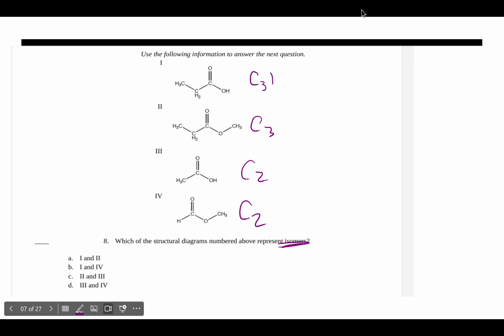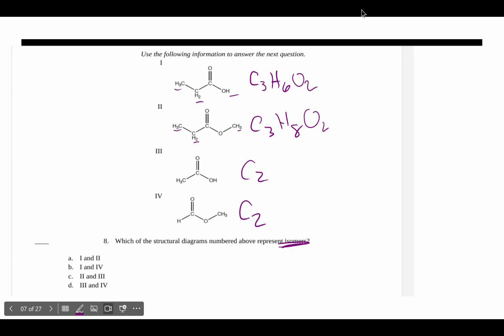Now let's move on to hydrogens. With our hydrogens, we have 3 here, 4, 5, and then 6. We don't have to interpret any because it's not a line diagram. On number 2, we have 3, 4, 5, 6, 7, 8. So it looks like 1 and 2 are not isomers, even though each of these has 2 oxygens.